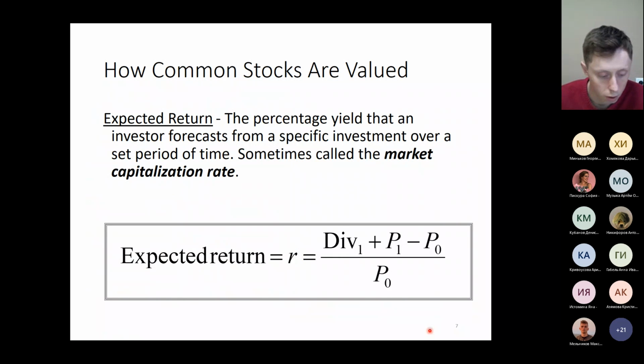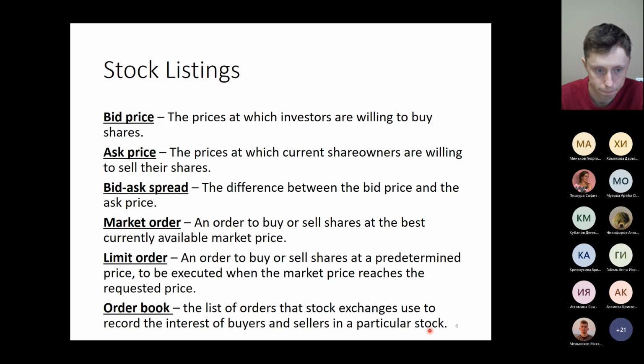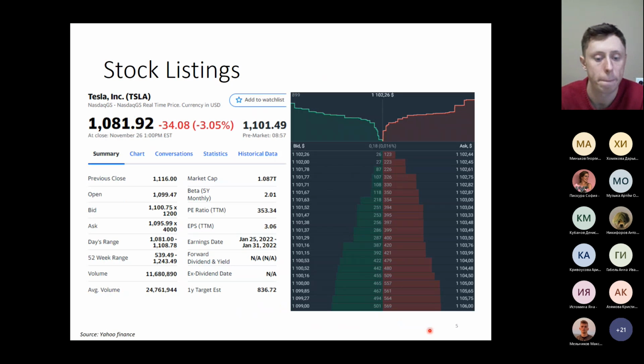Excuse me, can I ask a question? Can you please go back to the slide with the Tesla shares? What do those numbers in the middle mean? Are they numbers of shares or something? On the graph, on the right, in the middle.